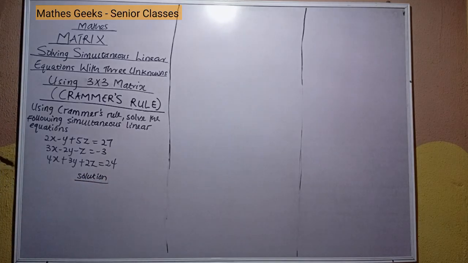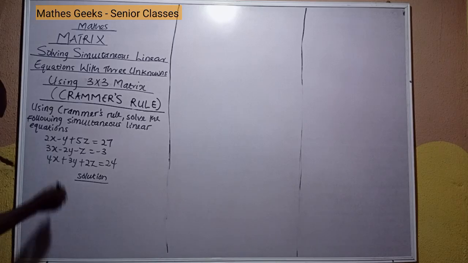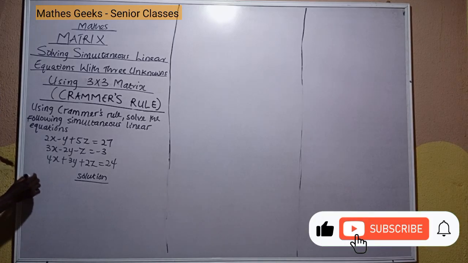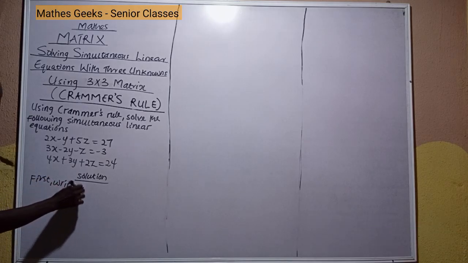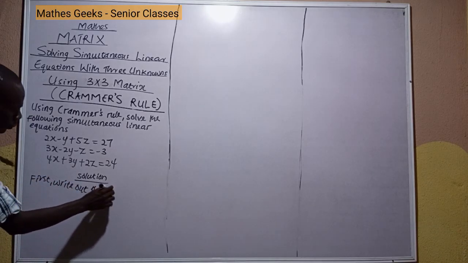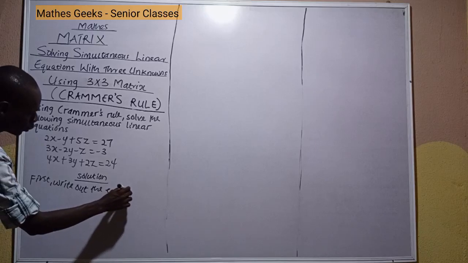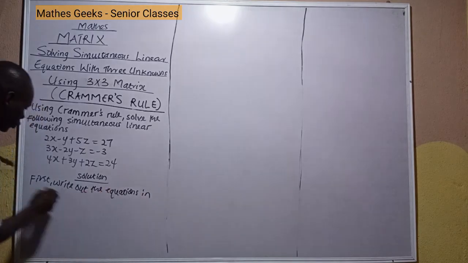We have to solve using Cramer's rule the following simultaneous linear equations. So first, write out the equations in matrix form.